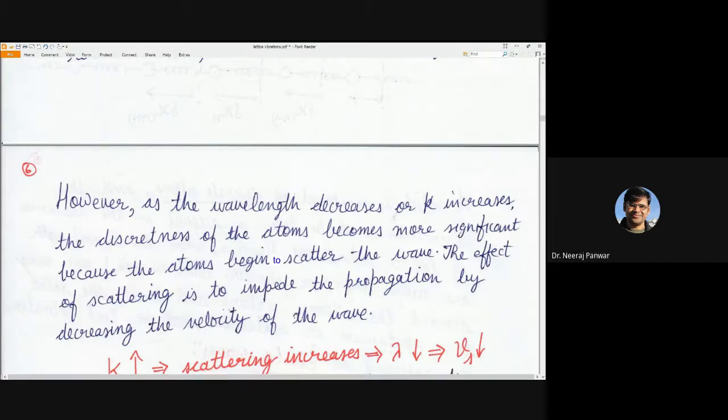Recently, we have discussed the Bragg reflection from the lattice plane, and in the reciprocal lattice, we said that if any wave having a wave vector that starts from the origin and terminates at the zone boundary, that wave is Bragg reflected at the zone boundary.